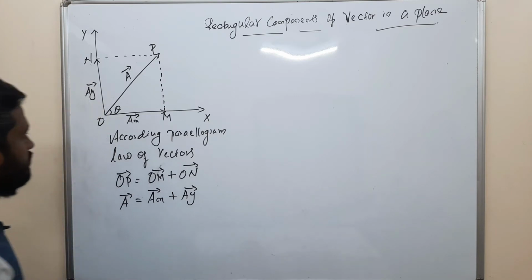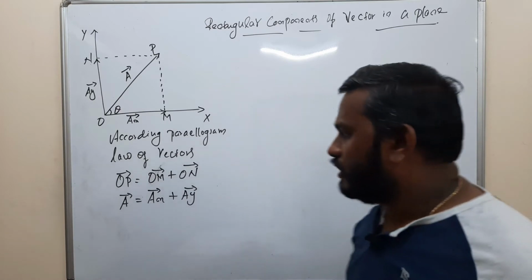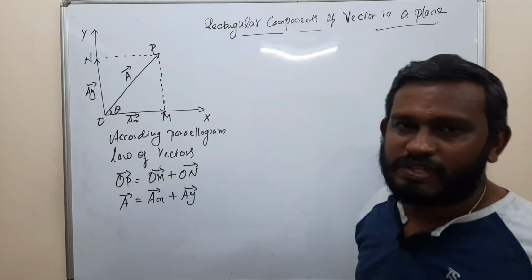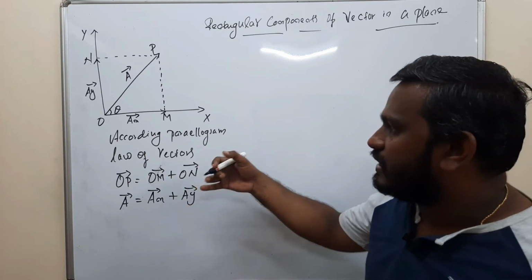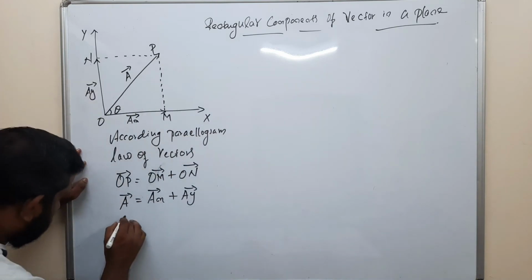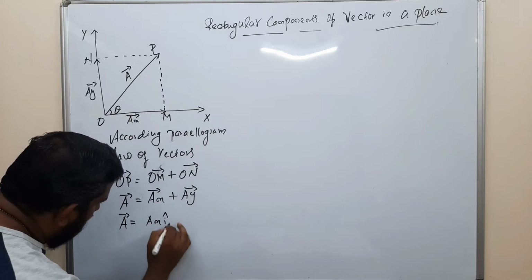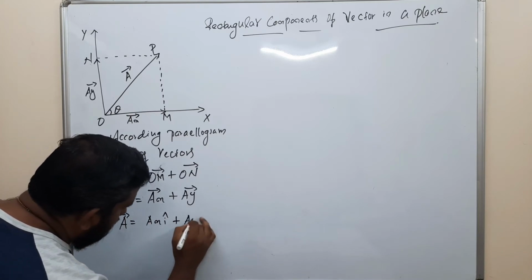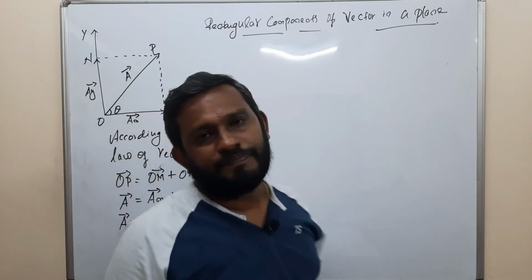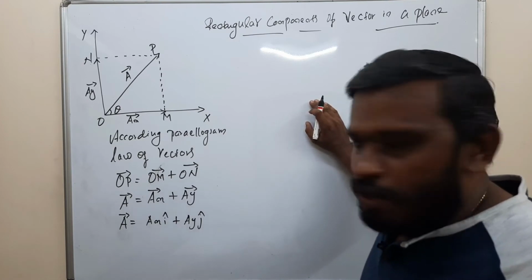Otherwise we can write, suppose i cap and j cap are the unit vectors along the x-axis and y-axis respectively, then we can also write A vector is equal to AX i cap plus AY j cap.